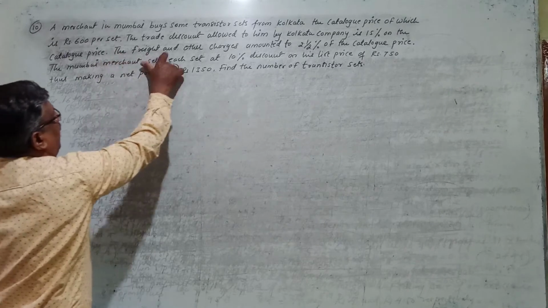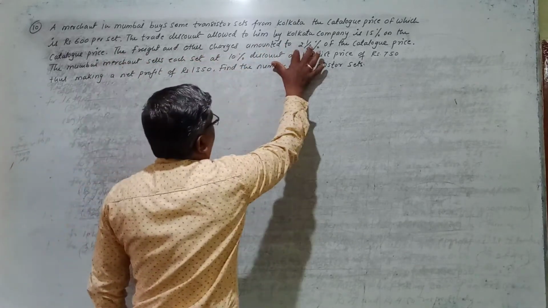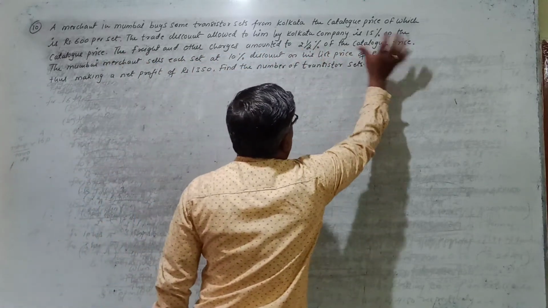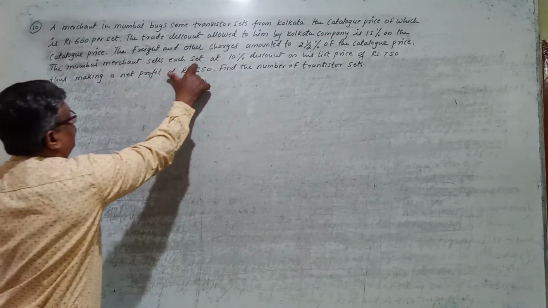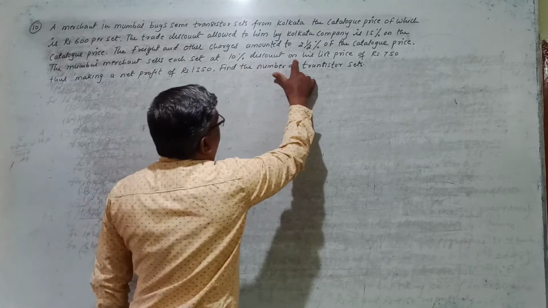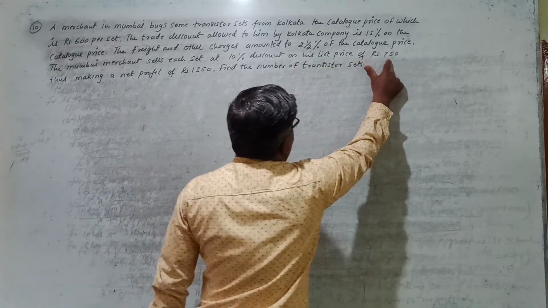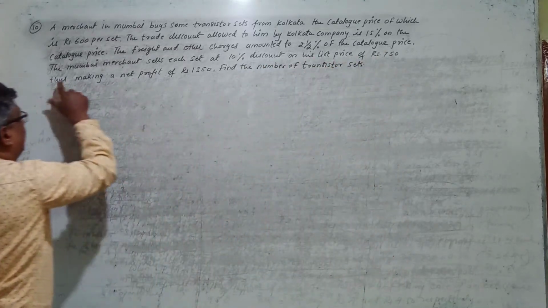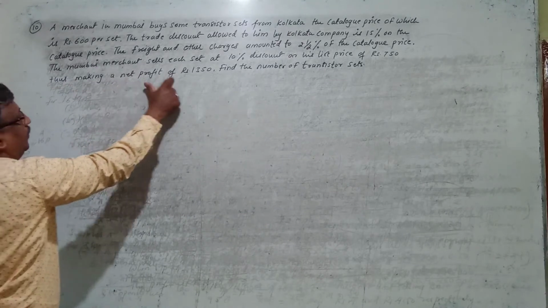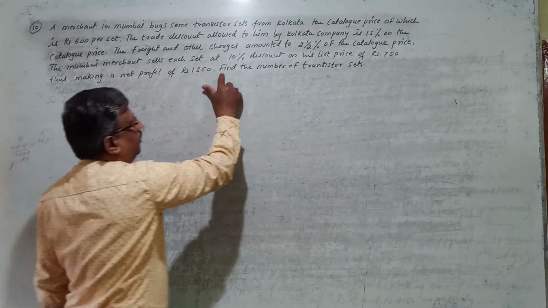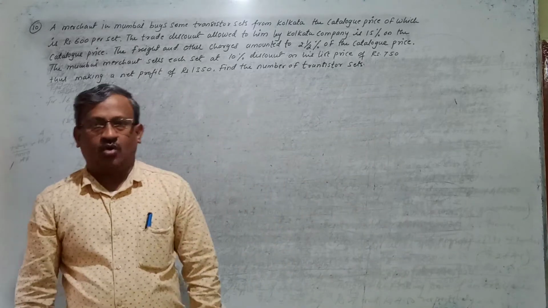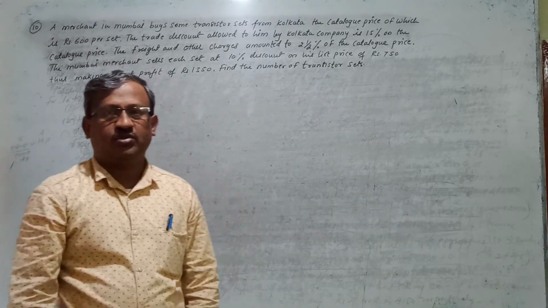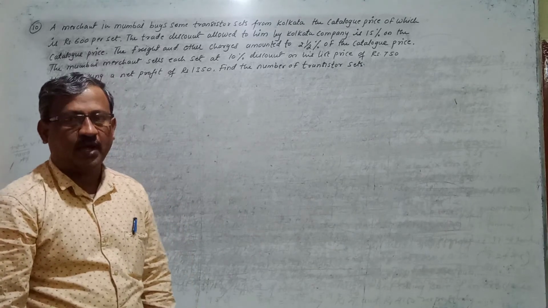The freight and other charges amounted to 2.5% of the catalog price. The Mumbai merchant sells each set at 10% discount on his list price of rupees 750, thus making a net profit of rupees 1,350. Question is, find the number of transistor sets. Means how many transistor sets he has purchased, those number of transistor sets we have to calculate.